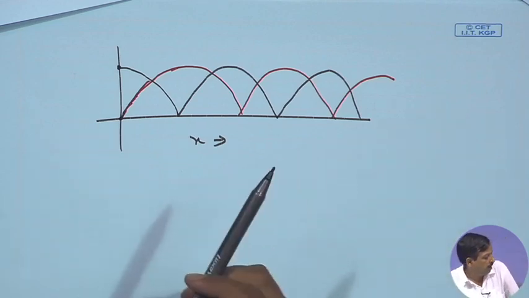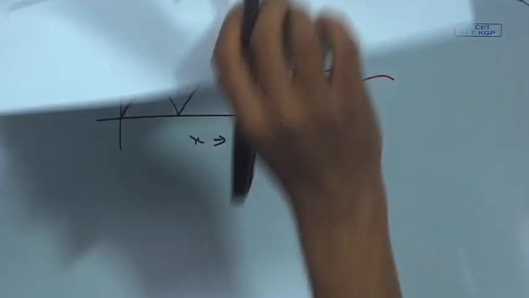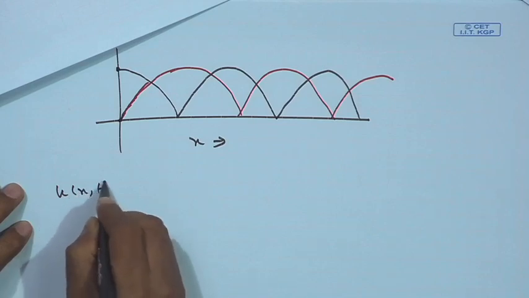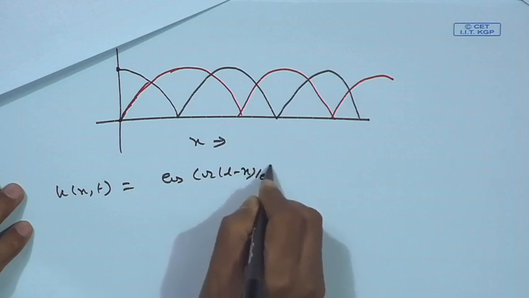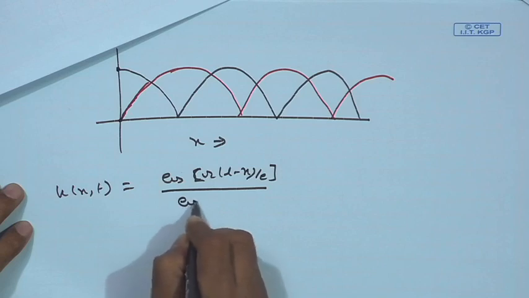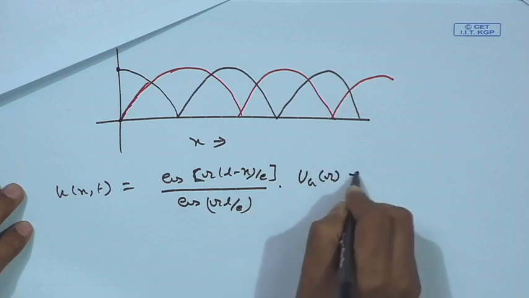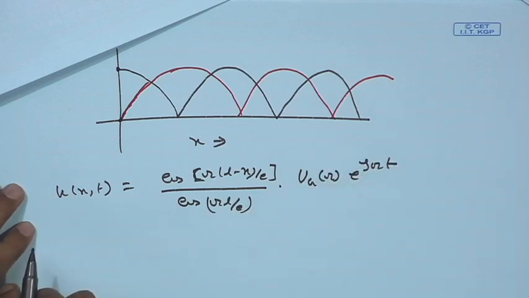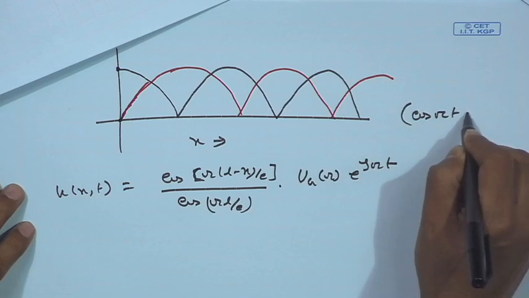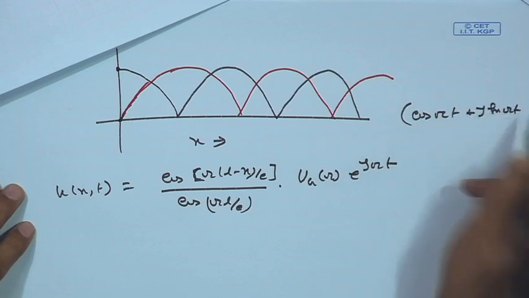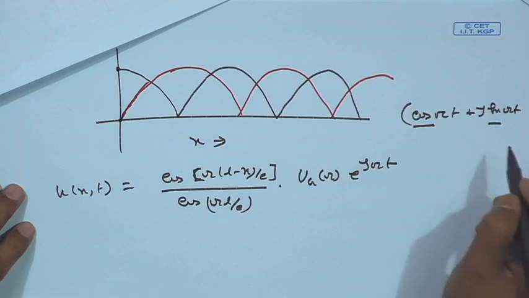Now, let us take the real part. If I write u(x,t) equal to cos omega (L minus x)/c divided by cos omega L/c into U_g(omega) e to the power j omega t, where e to the power j omega t is nothing but cos omega t plus j sin omega t, then the cos part is the real part and the sin part is the imaginary part.